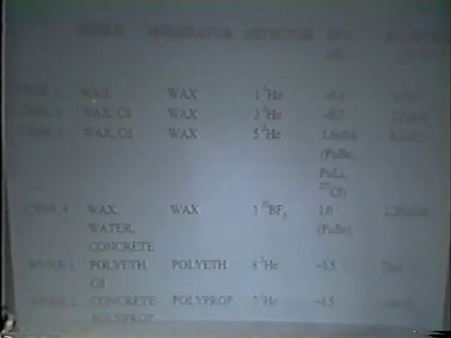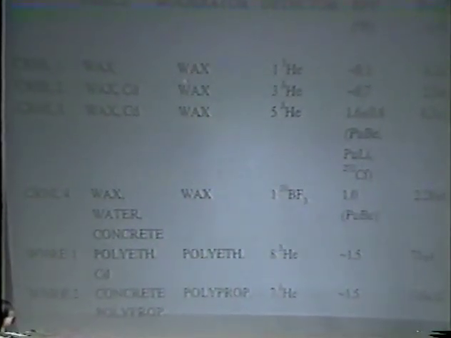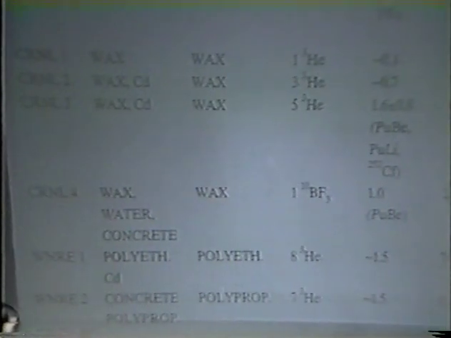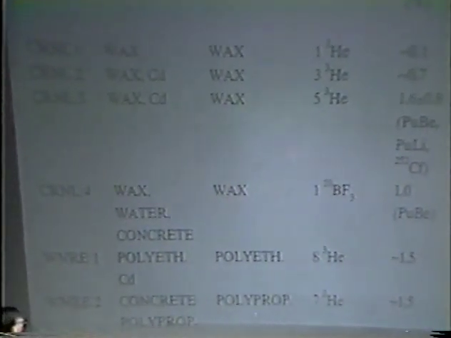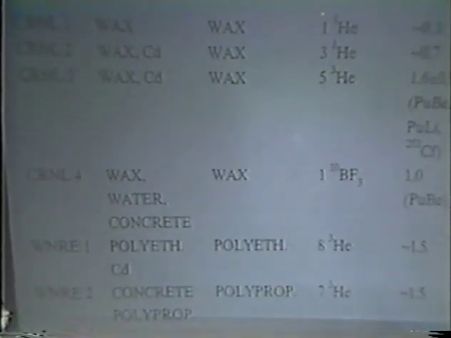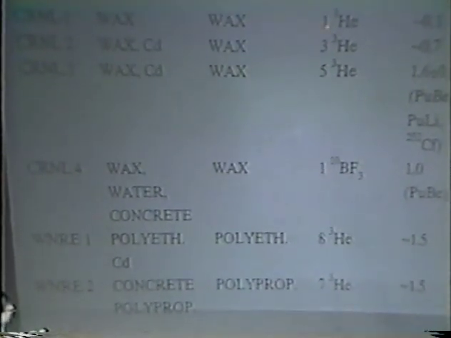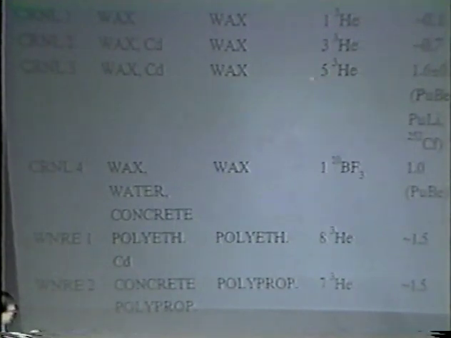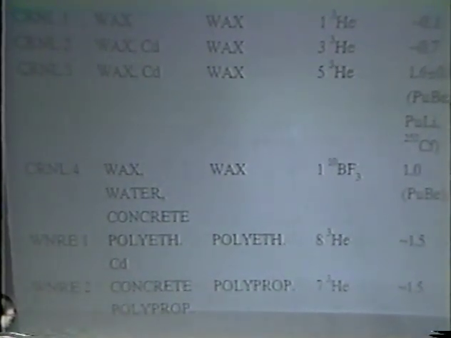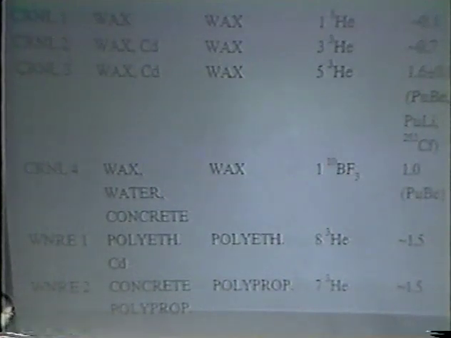They are shielded with wax and cadmium, in some cases with polyethylene and polypropylene. The moderator is wax for the Chalk River detectors, polyethylene and polypropylene for the Whiteshell detectors. They range from 1 helium-3 detector to 5 helium-3 detectors, 1 BF3, a ring of 8 or 7 helium-3 detectors in some cases.